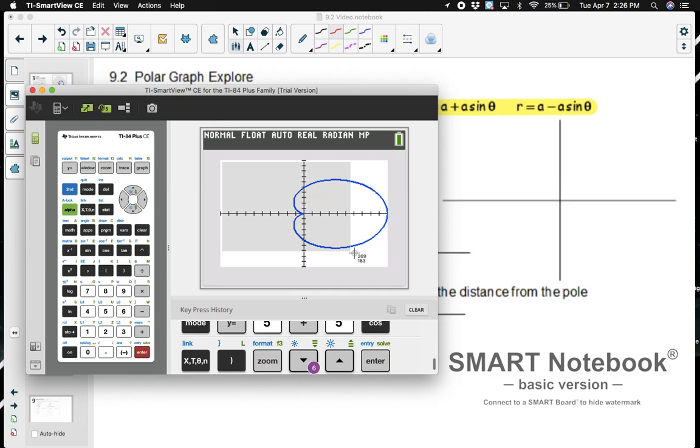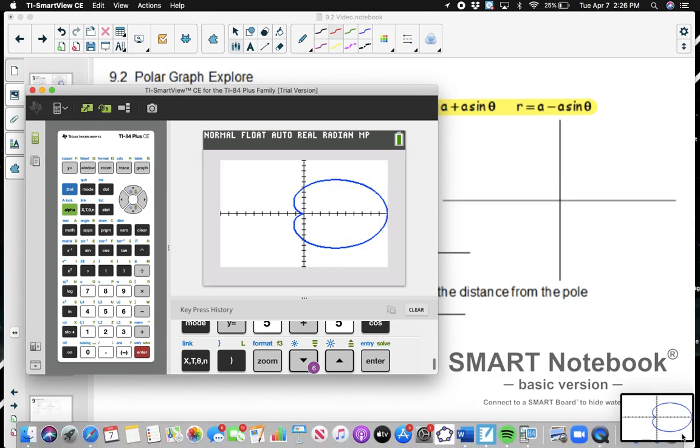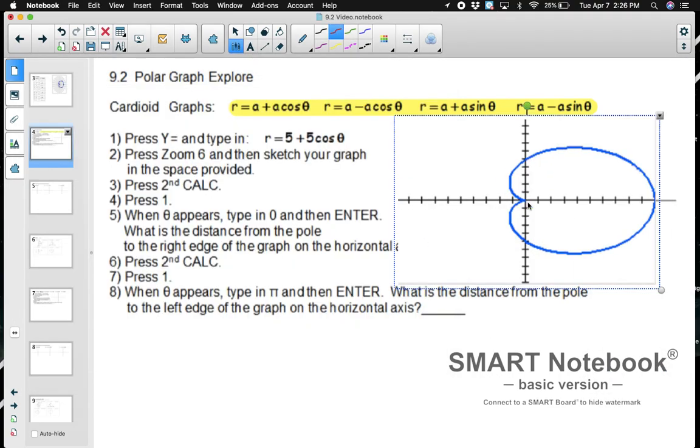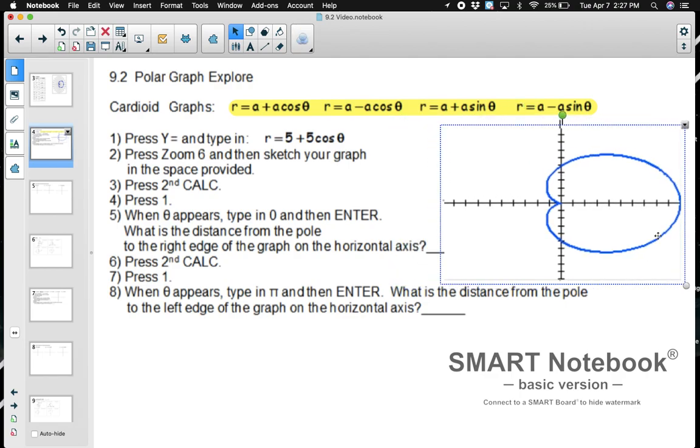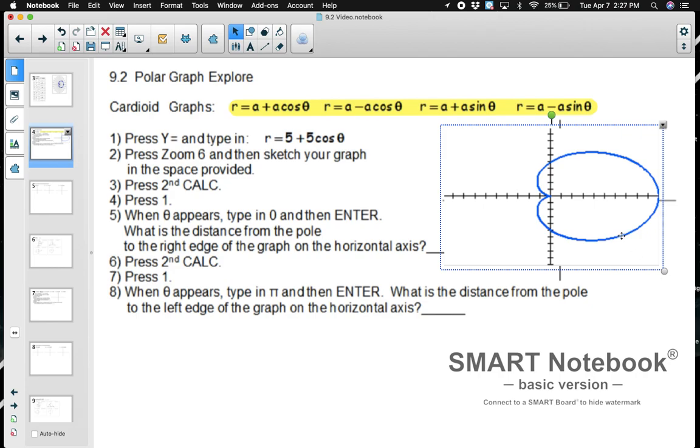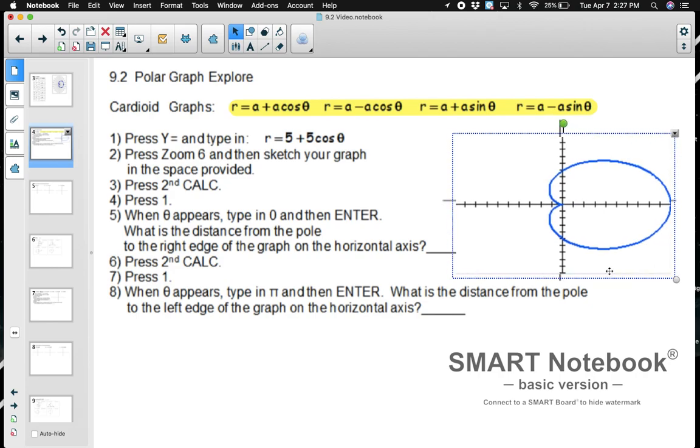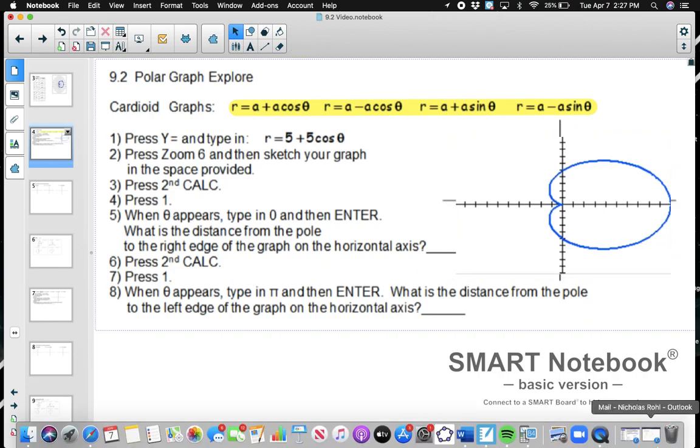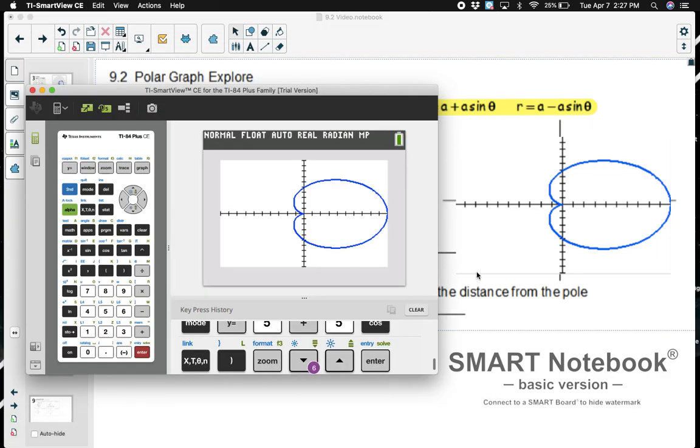I'm going to try and capture this and put it in for us. There we go.